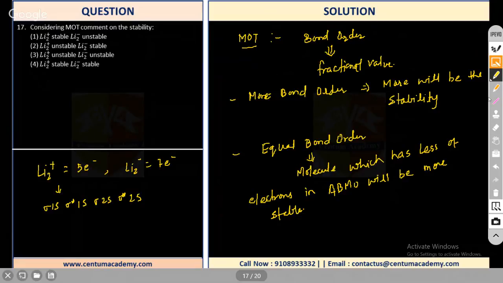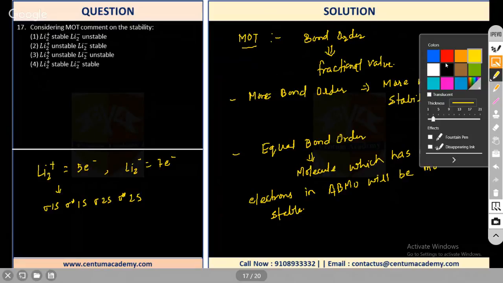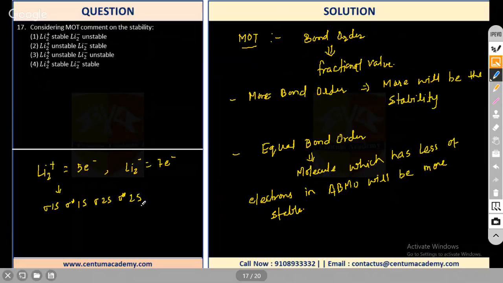So when we distribute the electrons in all these orbitals, sigma 1s will have 2, here 2, and here only 1 because we have 5 electrons. This is for Li2 plus. So for Li2 plus, the bond order equals the number of electrons in bonding molecular orbitals, 2 plus 1, 3, minus 2, divided by 2, so that is half.